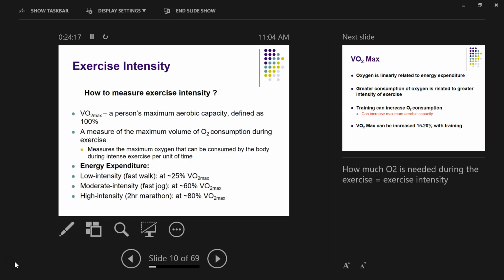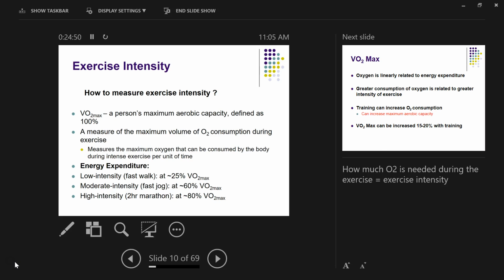So how are we going to measure exercise intensity? Again, I mentioned, exercise intensity is related to ATP production and oxygen consumption, right? You oxidize energy fuels and you need oxygen, right? So people usually use the so-called maximum oxygen consumption as a measurement of exercise intensity.